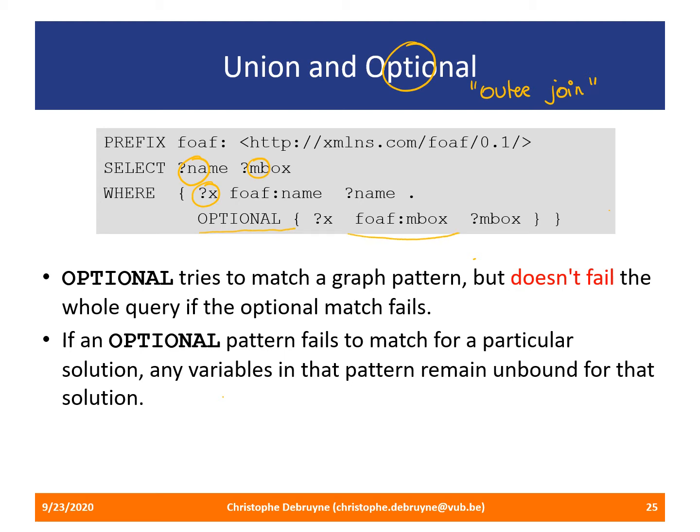And if they have a mailbox, it will be bound to the variable mbox. Now, if a person has a name and a mailbox, both values will be bound to their respective variables. If, however, there's a thing that has a name but not a mailbox, only the name will be bound to that variable.